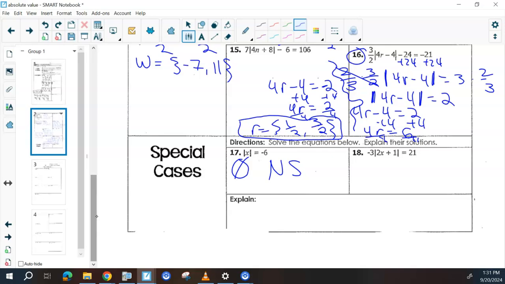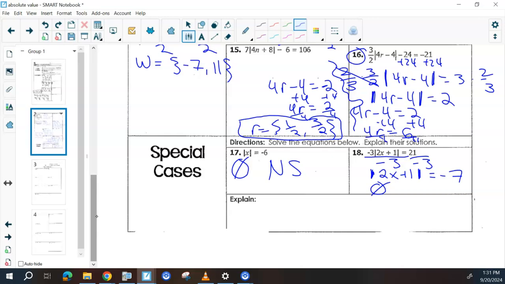So in this one, what would I do to start solving this? And then as I start to solve this, when I divide, this becomes that negative. I can no longer solve this. That's your stopping point. I can't make this into a positive and negative because absolute value can't equal a negative.